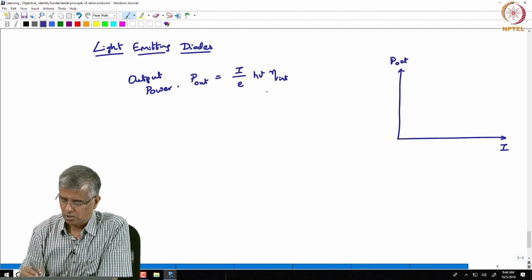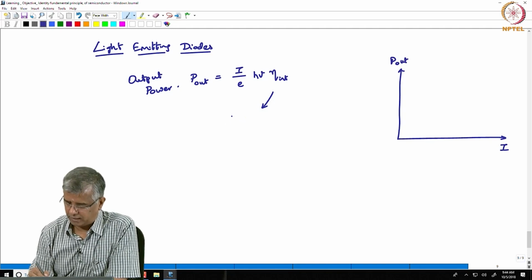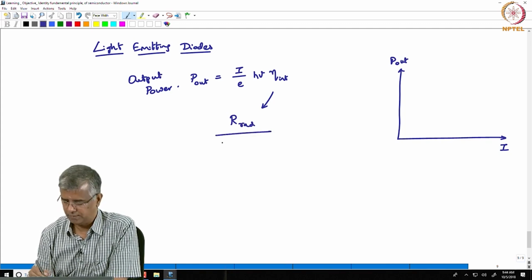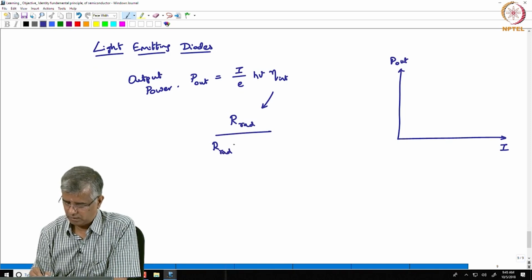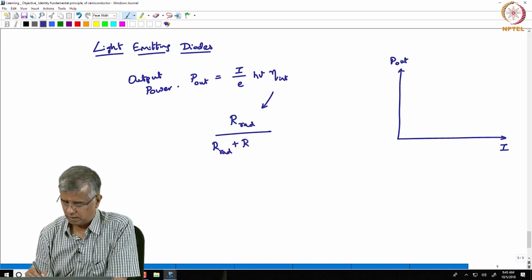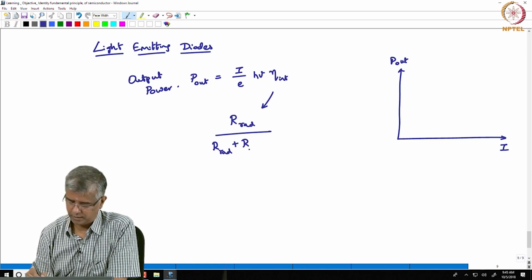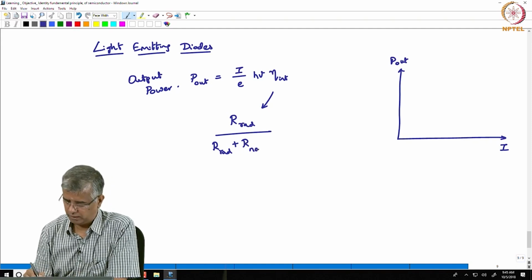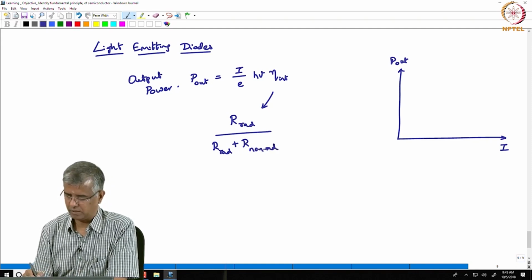So, eta int can be defined as the total radiative emission rate over the overall rate at which the carriers are lost.